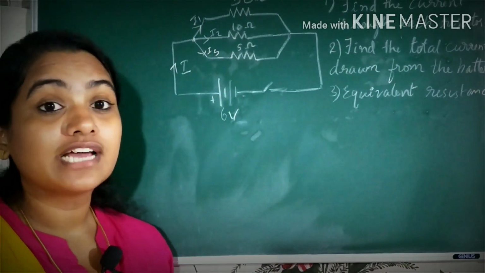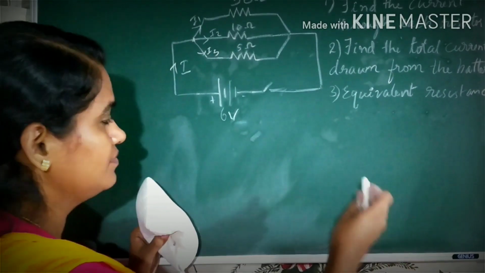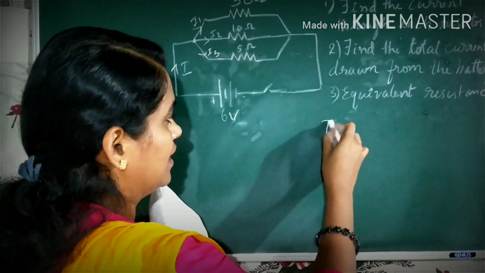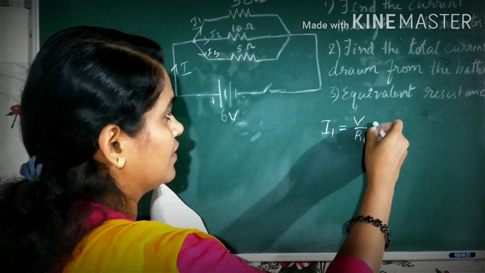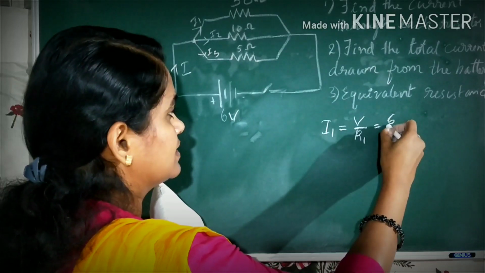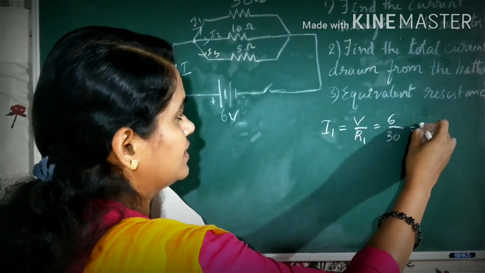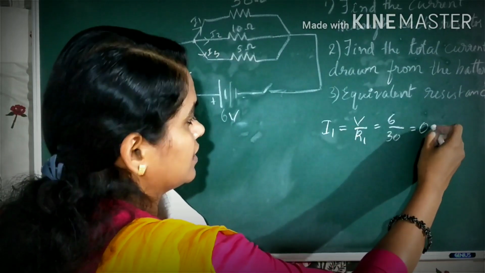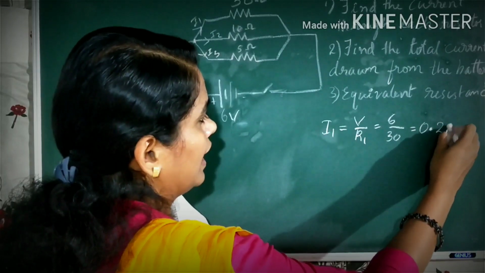We'll use Ohm's law to find these currents. We can write I1 as V by R1, which is 6 by 30. We get this as 0.2 ampere.